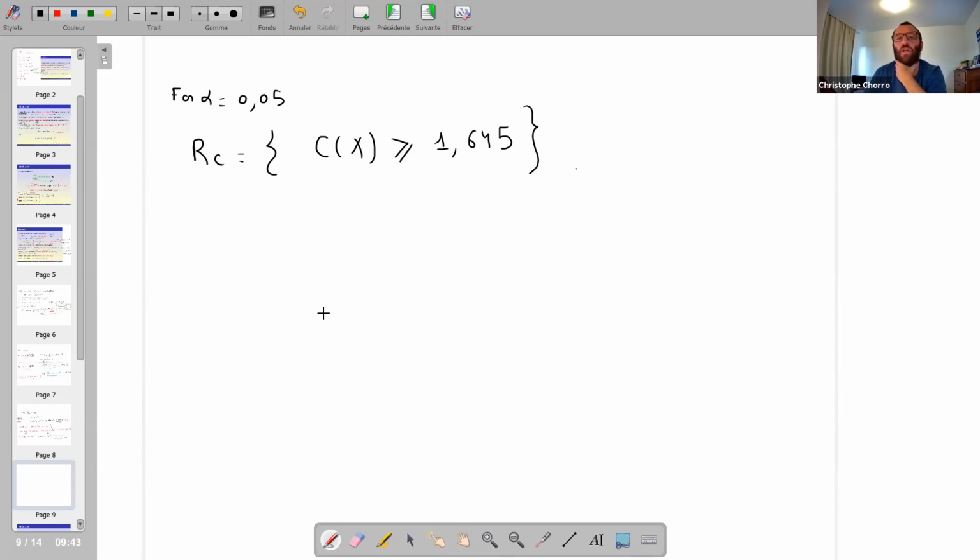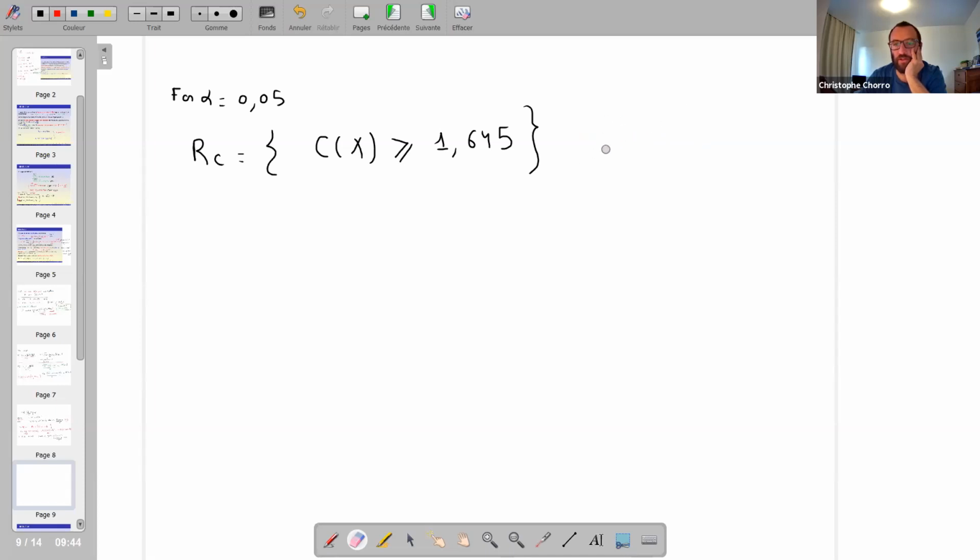Okay, so I have this. What is interesting here is that you see that my critical region is independent of mu0. You don't have mu0 here, or you have it in the statistics, but the distribution here is of course totally independent of mu0.